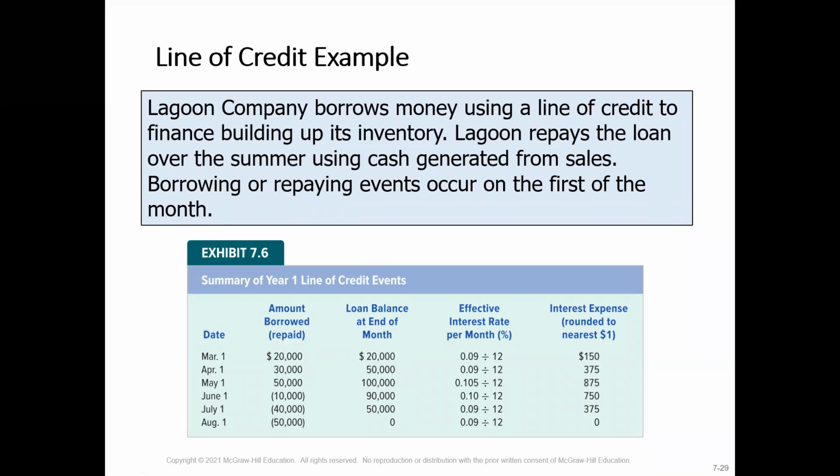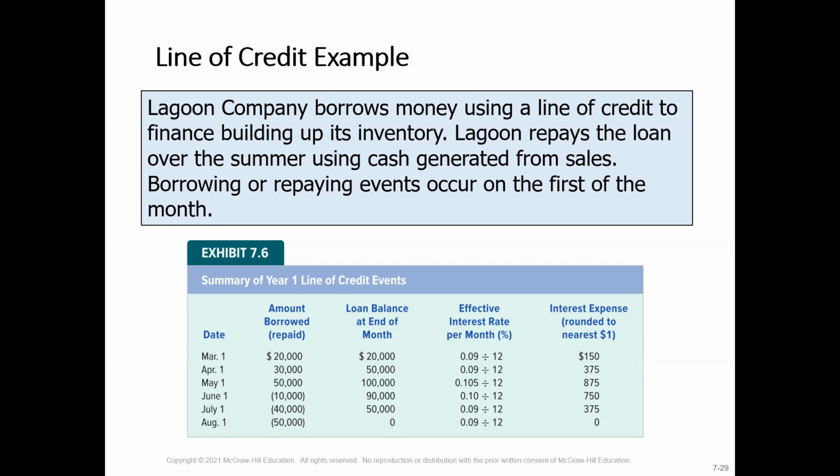So in March, there was borrowing of $20,000. So the recognition of the interest would be at 9%, which was the loan terms. And generally that's set for 1 year. When you renegotiate the note, you're going to have a different interest rate typically. And in this example, though, they have an interest rate which is fluctuating.